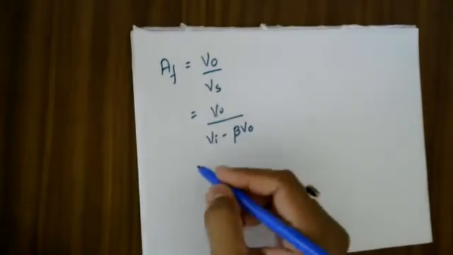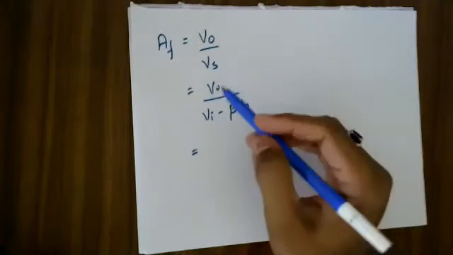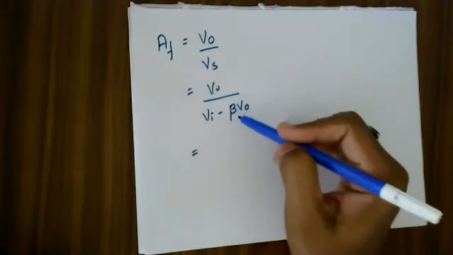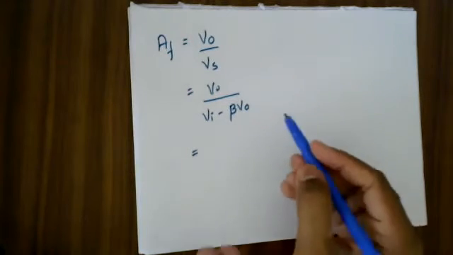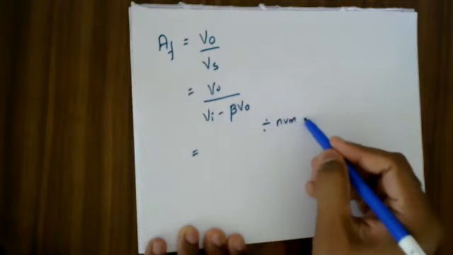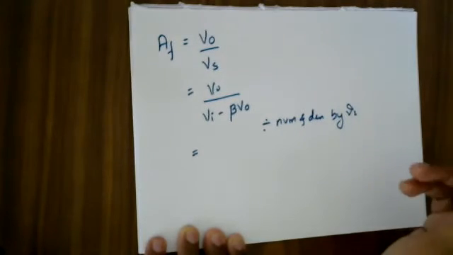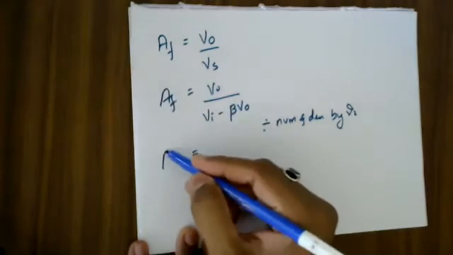Now for this expression, I will divide both the numerator and denominator by Vi. So what will I get?